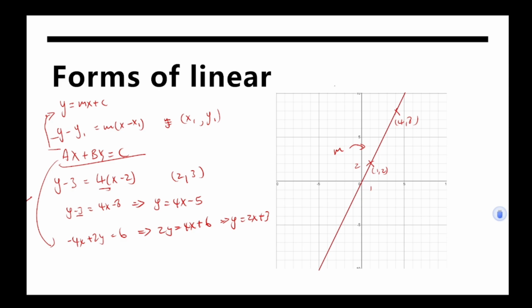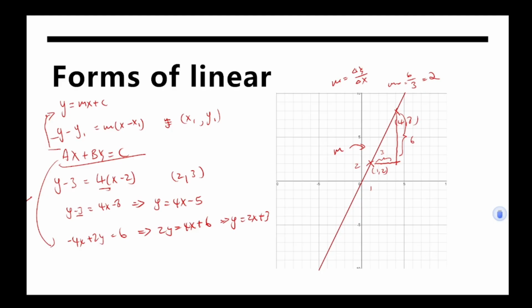So we already know that m, the gradient, equals change in y over change in x. So we can just count. We form a triangle. And the change in x here is 3. And the change in y here is 6. So m equals 6 over 3, which is 2.